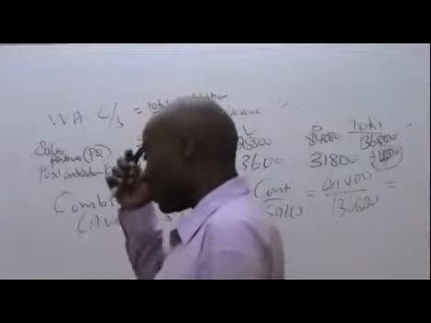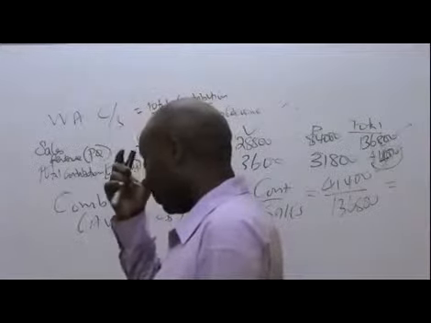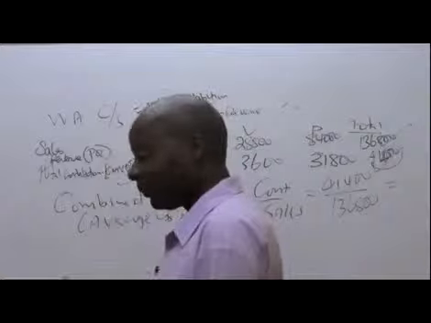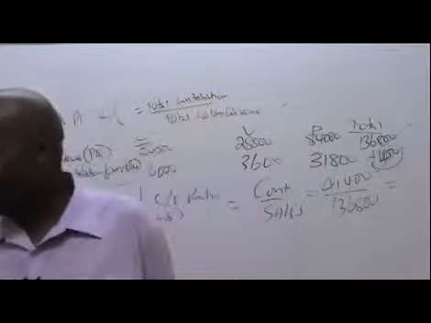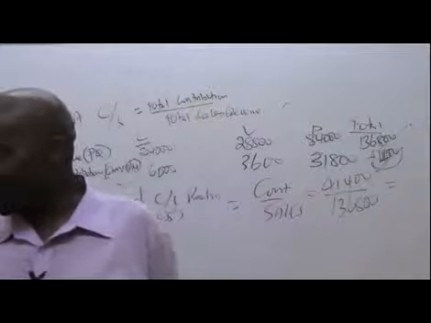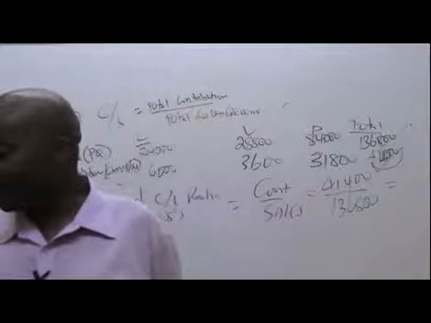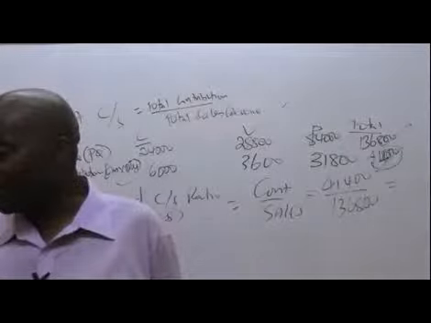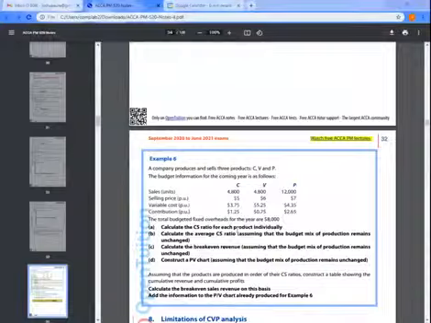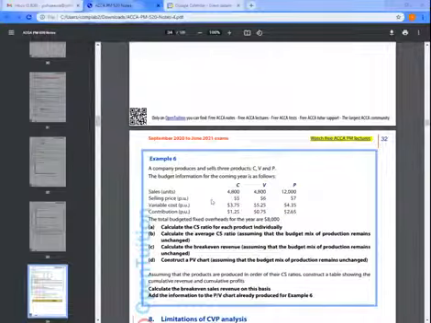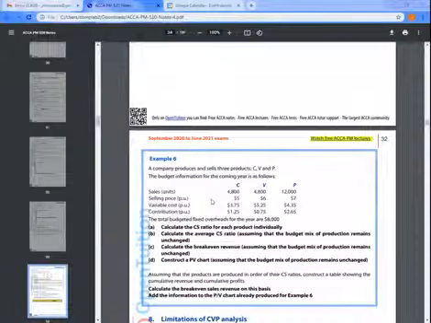Where have we gone wrong? How about this one, the CS ratio? Is there somebody who is able to pick the figure? Contribution here is 1.25 times 4,800. What figure do we have?